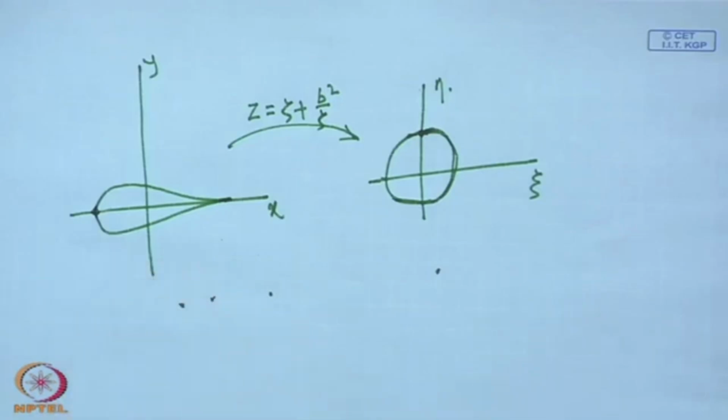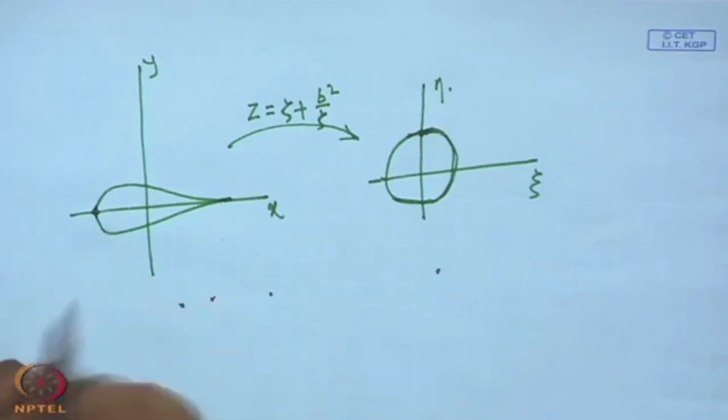We will see what this geometry is. At this stage we have just considered a geometry like this, that this is the geometry which has been transformed to this. Now, what is this airfoil?